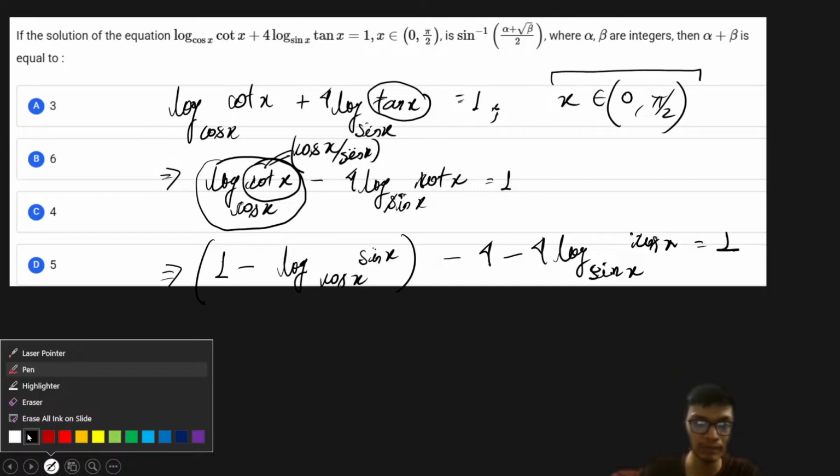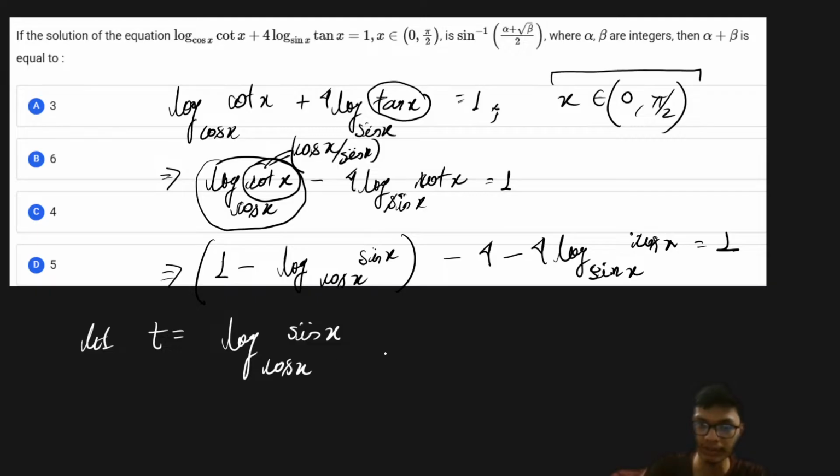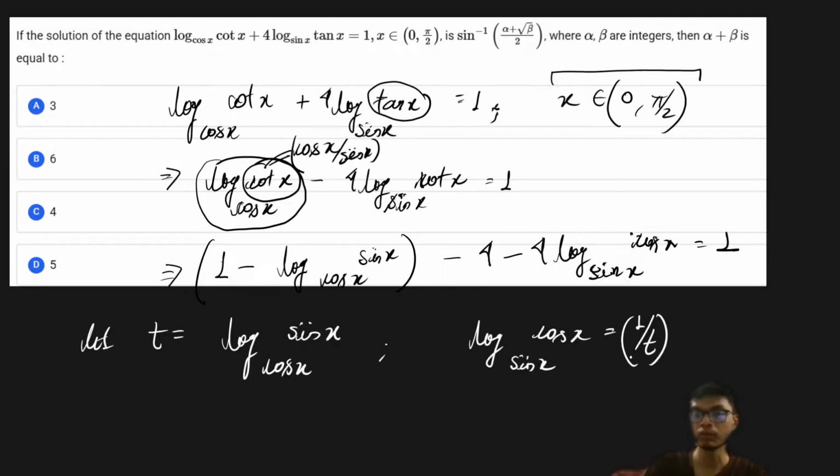Now the interesting part over here is that if I assume that our variable t is equal to log of sin x to the base cos x, then log of cos x to the base sin x is equal to 1 upon t.